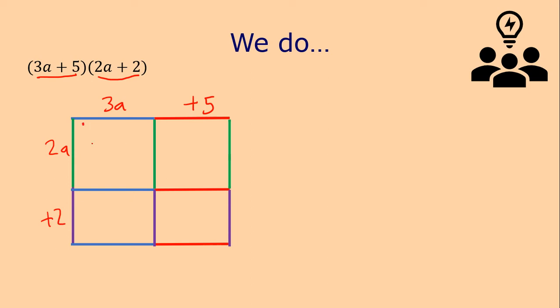Would you know what goes in here? Okay, 2a times 3a is 6a squared in this box here.